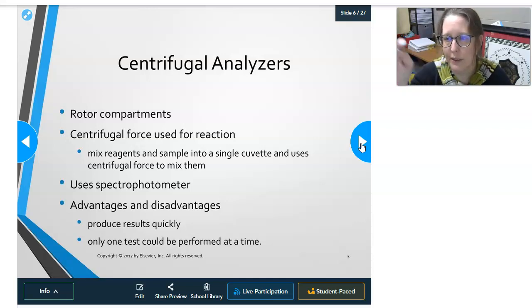You load the sample, and there are reagents dotted around the cartridge. When it spins, it separates the serum, and the serum mixes with the reagent, and the reaction happens. Then it uses a spectrophotometer to read a color change reaction and give you your absorbance and concentration on your various analytes. A lot of times, the cartridge itself is a panel, so you have to pick the right cartridge for the test that you want to do.